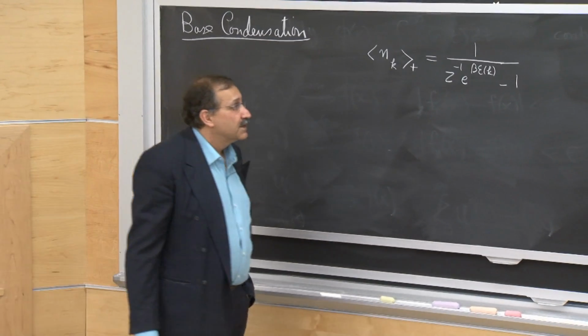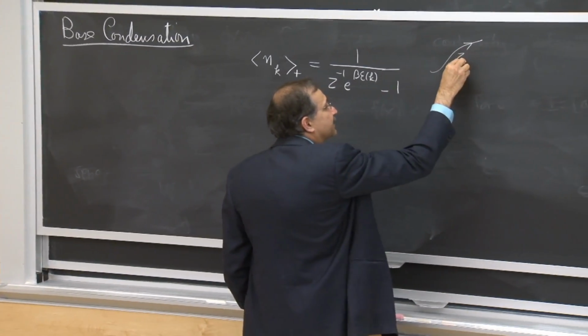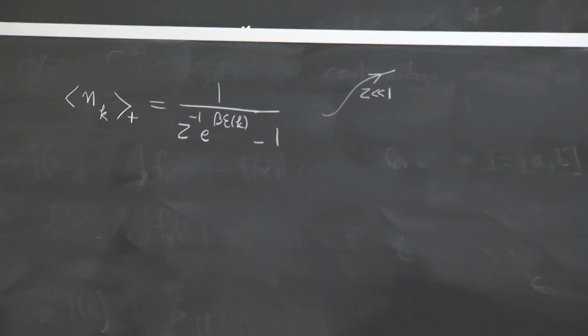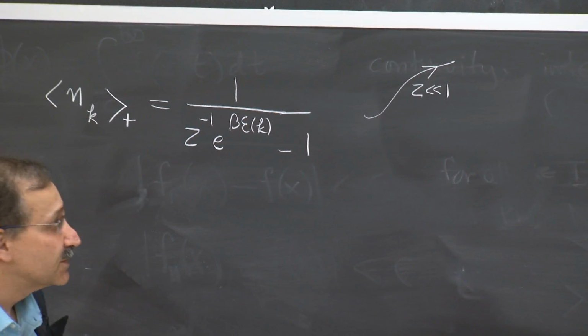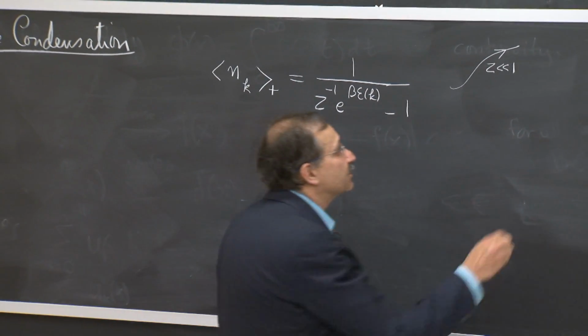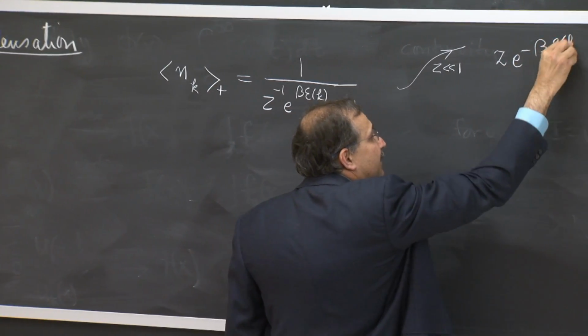Now, if we look at this in the limit where z is much less than 1, which is appropriate to high temperatures, or when the gas is mostly classical, we can expand this. You can see that to the lowest order, it is z e to the minus beta epsilon of k.